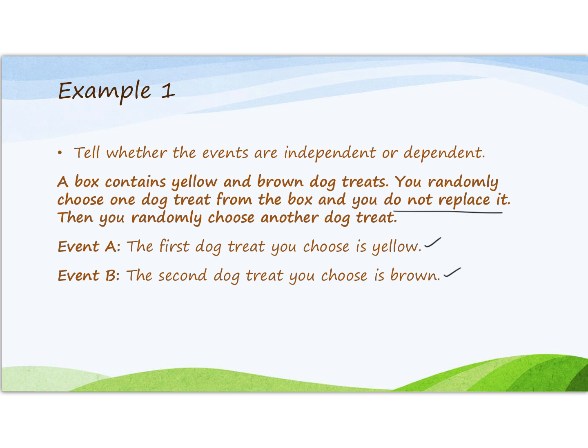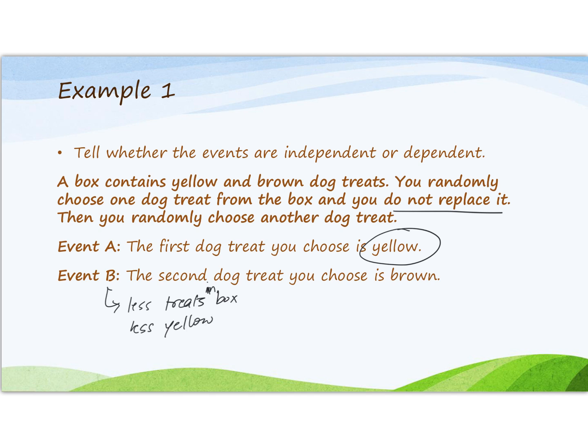Well, at first glance, you might say to yourself, well, no, these are independent events. You pick one, it's yellow. You pick another one, it's brown. But upon further analysis, you start to realize they are dependent events, because when I pick the first treat out of the box and I get a yellow treat, and I take it out of the box and I don't return it, when I go to pick the second time, I'm going to have less treats in the box, and I'm also going to have less yellow treats in the box.